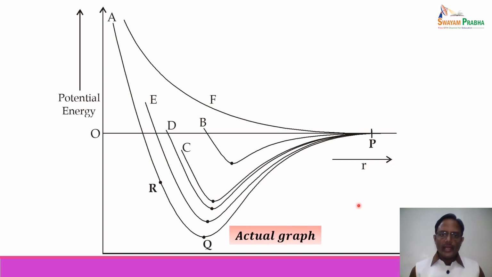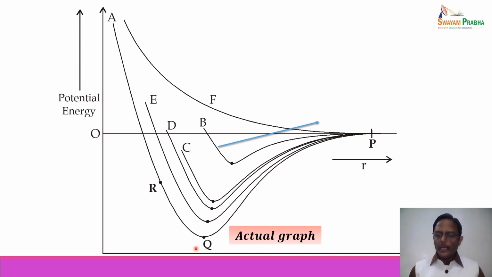The curve A is the actual graph which is observed, and this point Q is actually the bond formation point with the energy released being 458 kilojoule per mole, whereas the bond length is 74 picometer.